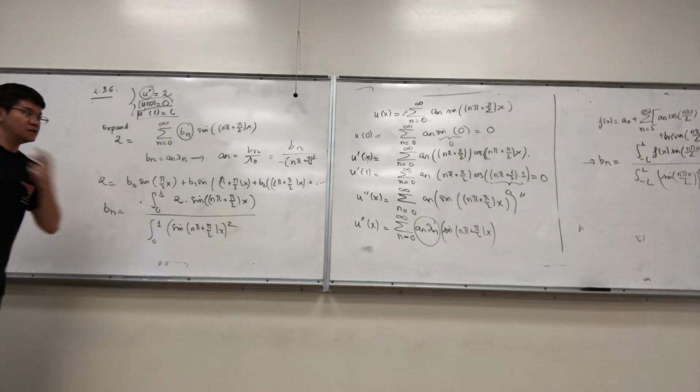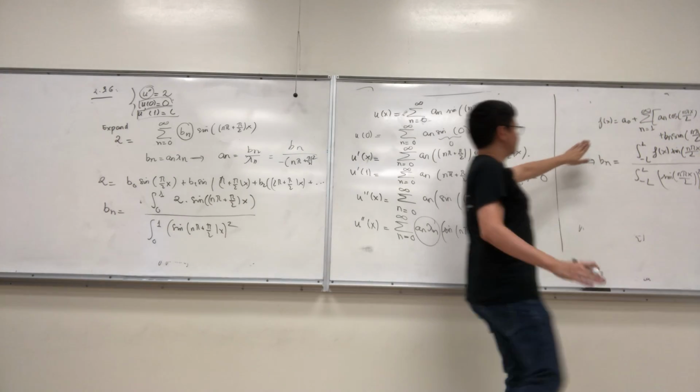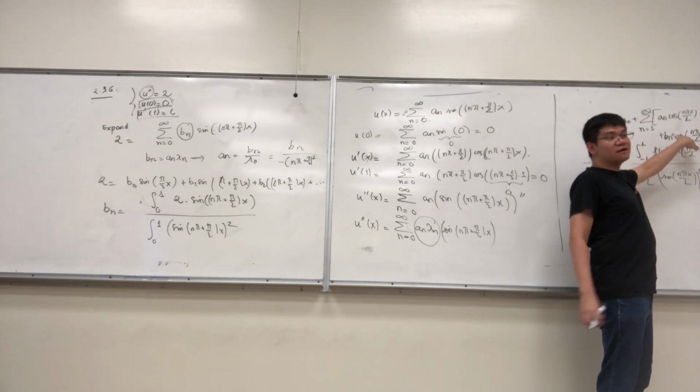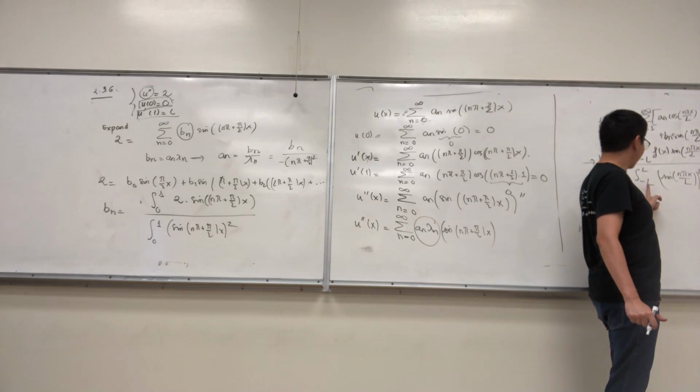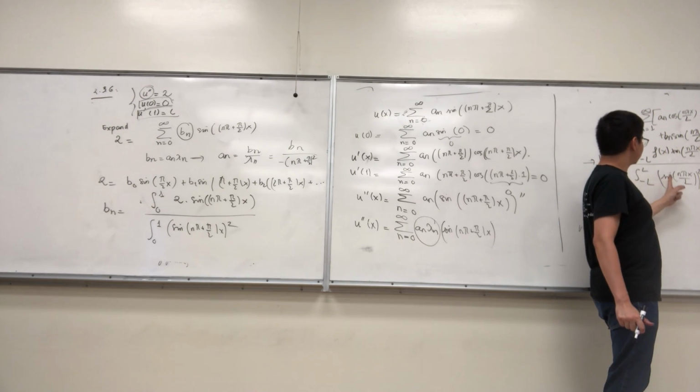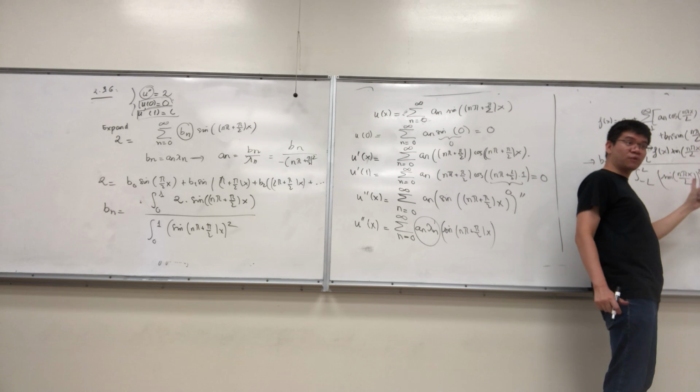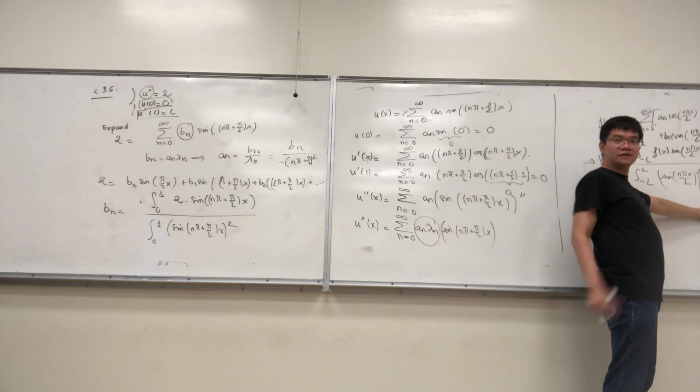Right? Here, you multiply f with the function that contains Bn, and you integrate, and then you divide by the integral from minus L to L of that function squared, right? Good. You remember this?